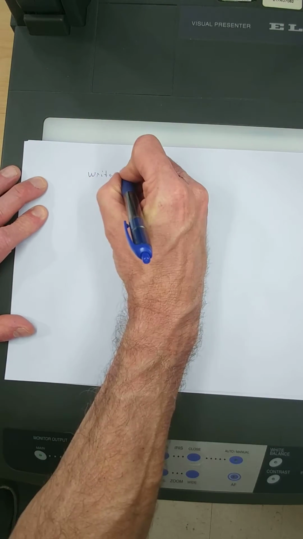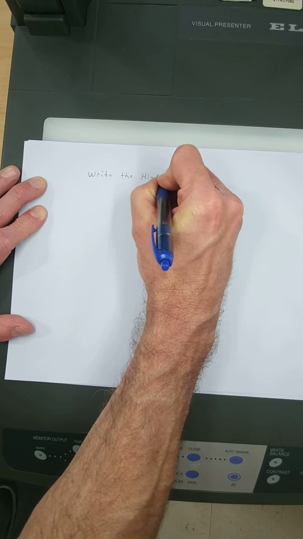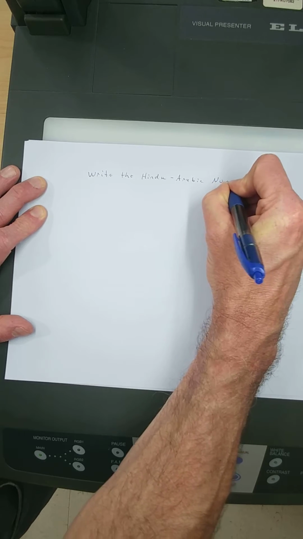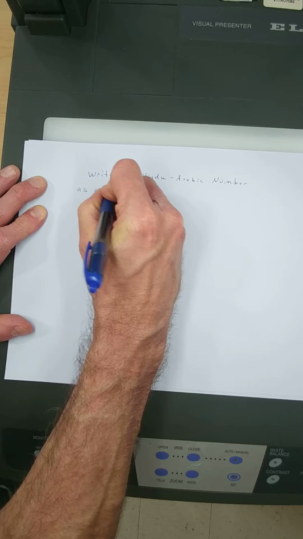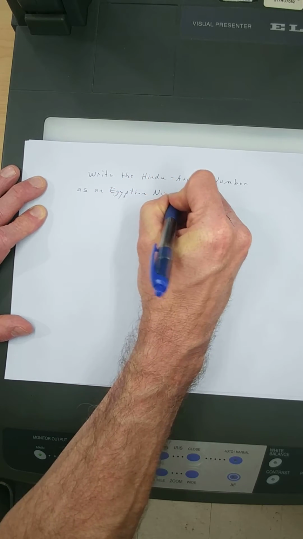So in this example, I will give you the Hindu-Arabic number, and we're going to write it as an Egyptian number or Egyptian hieroglyphic.